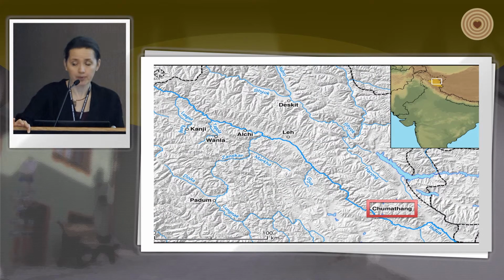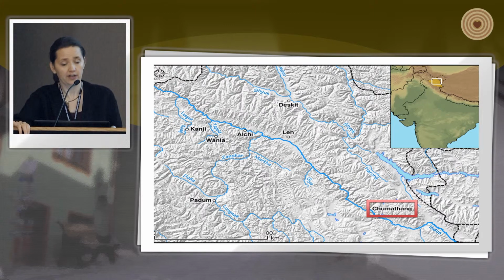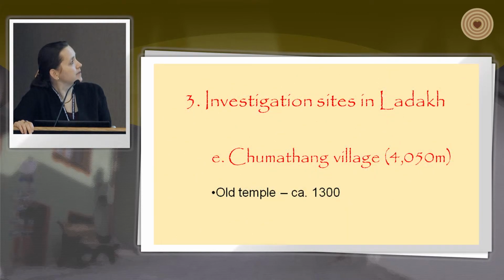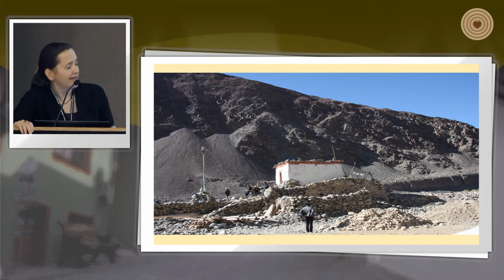And we go up again the Indus River, up to this wonderful village, Chumatang. Oh, I love that so much. It was an incredible trip also along the Indus River. An old temple, 1300. And I was not alone there.